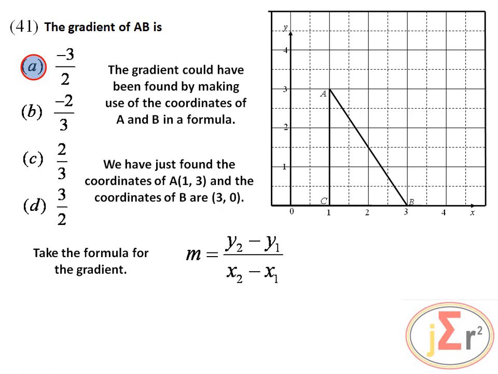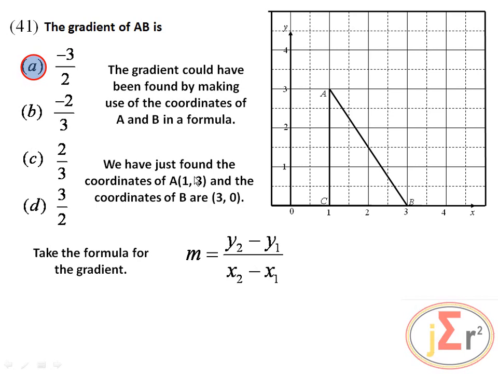We only need to be consistent when we are subtracting or finding the x difference and the y difference. So we have y2 minus y1 over x2 minus x1. We may therefore say 0 minus 3 over 3 minus 1.